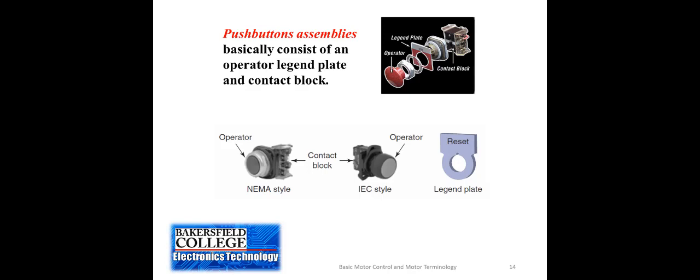And you can also buy legend plates. A legend plate is pre-printed with the function of the switch. Could be stop, start, reset, emergency stop, jog. There are any number of ones that are already made, but then you can also have them custom engraved for the application that you want.